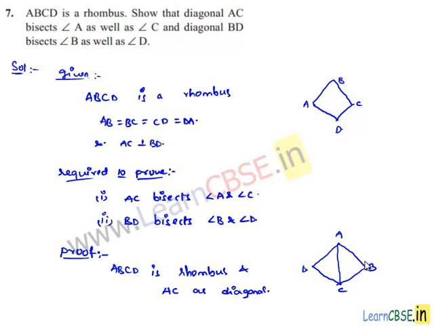Now here if we observe, the rhombus is clearly divided into two triangles, that is triangle ADC and triangle ABC.